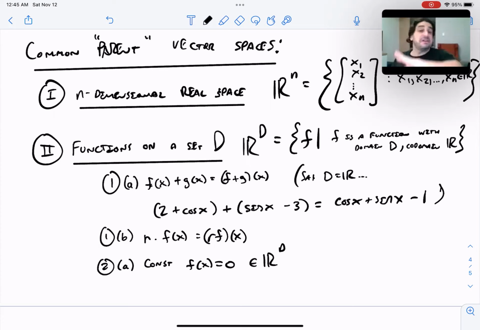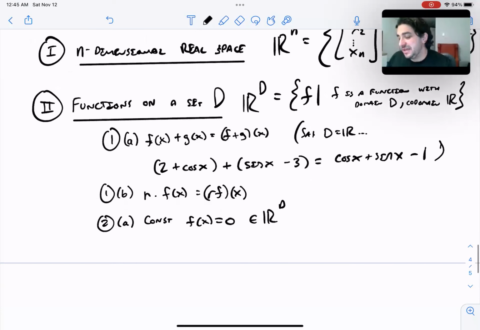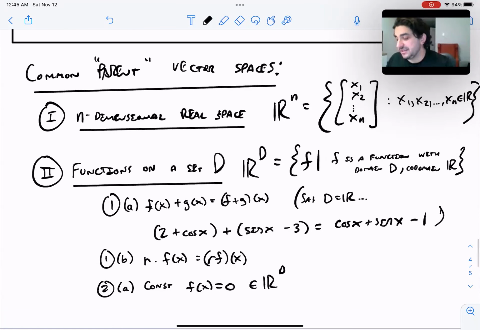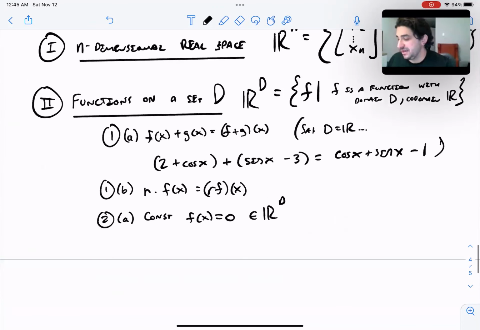Just map everything in D to 0. That's a perfectly good function, and if you add it to any other function, it preserves its identity. So that's a very common parent vector space, the set of all functions on a given domain. In the context of differential equations, that's maybe the most important, or one of the most important. So these are very common parent vector spaces that we work with.